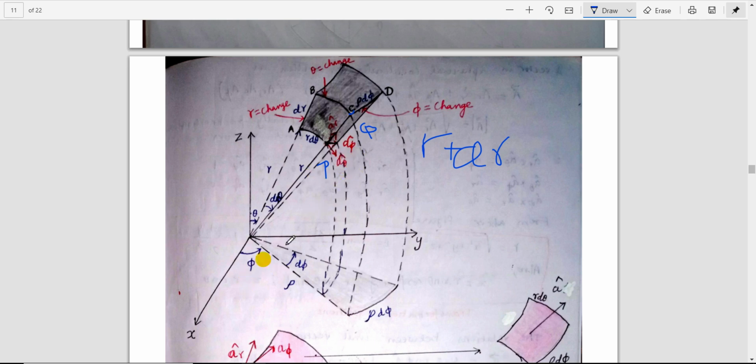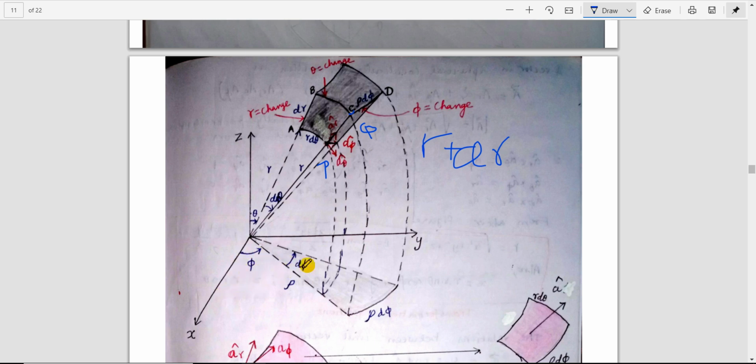Also, we can represent the change of the phi angle. As we have defined, phi is the angle between the x axis and the projection of the particular point on the xy plane. We can represent this angle as phi.